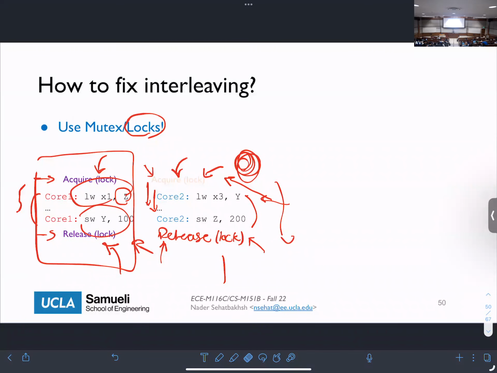It just says whoever gets the lock, once it's released, we will see everything that happens in that. Okay? But still the ordering might be different. So still core 2 might get first or core 1 might get first. The mutual exclusiveness doesn't give you the ordering, but it gives you the exclusiveness. It says that only me or only you, but it could be either me or you. We don't know. Whoever gets the lock first.